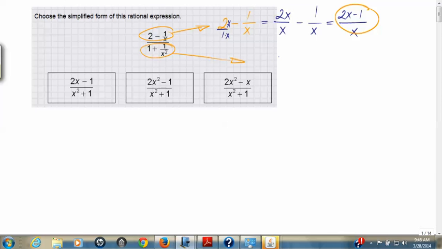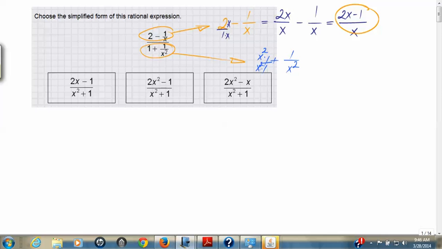You have 1 plus 1 over x squared, and as in the previous one, because I have 1, I can write that 1 as a fraction, 1 over 1. 1 and x squared are your denominators. Their least common multiple will be x squared, which means you multiply your 1 over 1 by x squared, top and bottom.